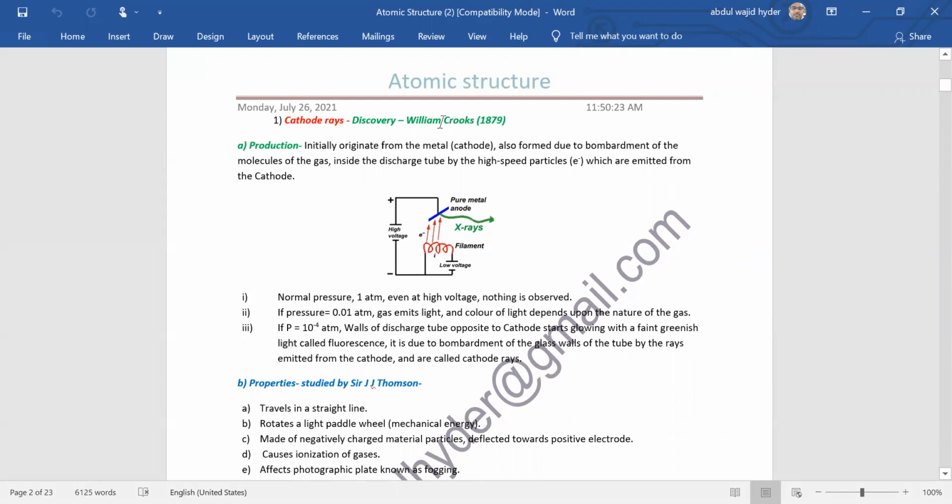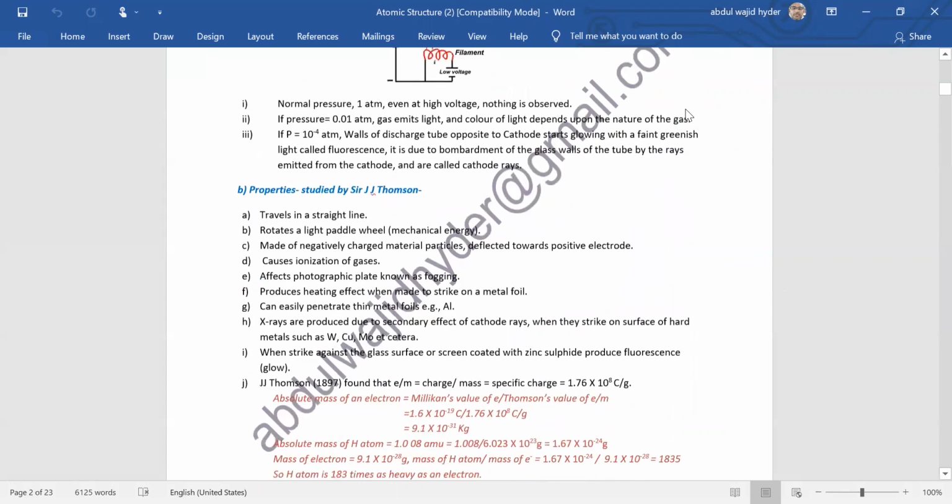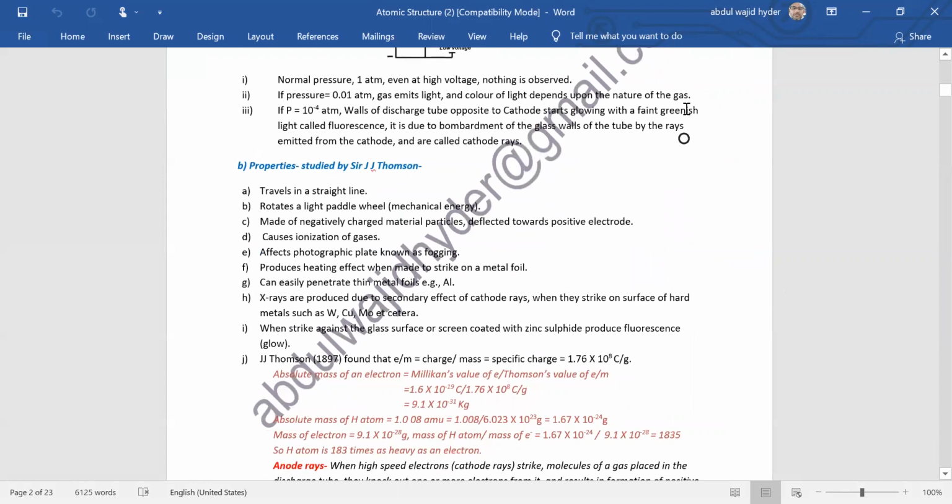So now we'll be doing the next. We discussed even about properties also, properties of cathode rays, and who studied those properties of cathode rays. It was Sir J.J. Thomson who discovered actually electron. So there in this cathode ray discharge tube experiment only, he discovered electrons.